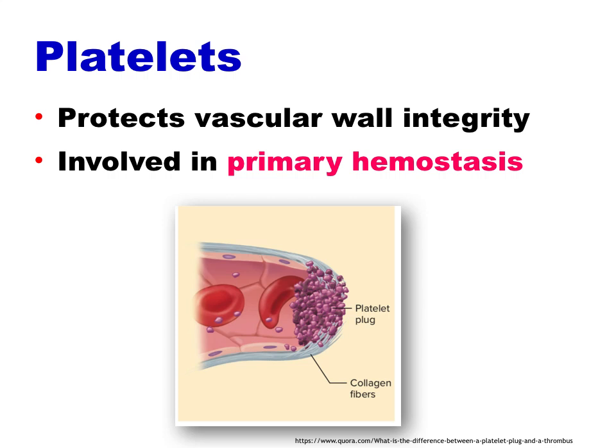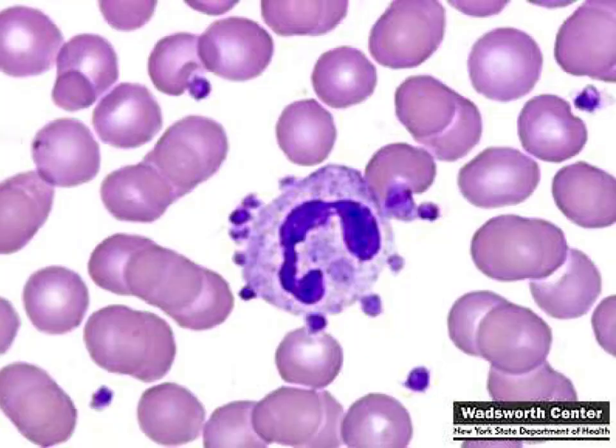So the role of platelets is to protect vascular wall integrity. They are actually involved in primary hemostasis, wherein a primary hemostatic plug or the platelet plug is formed, just like what you see in the schematic diagram.